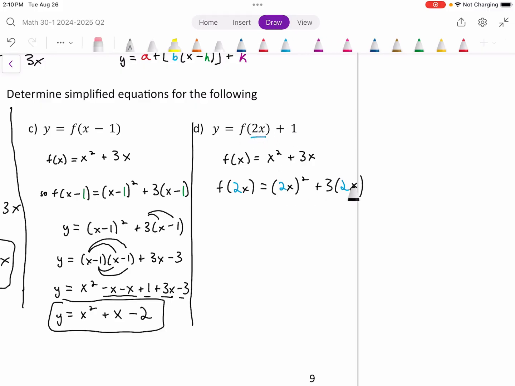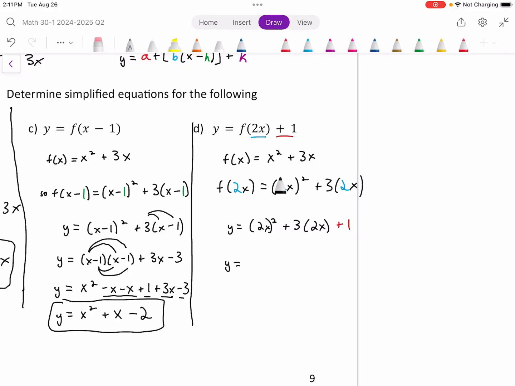Well, it's this plus 1. So we can start writing out our equation. We'll still need to simplify it some more, but we're going to have 2x squared plus 3 times 2x plus 1. This is f of 2x plus 1.